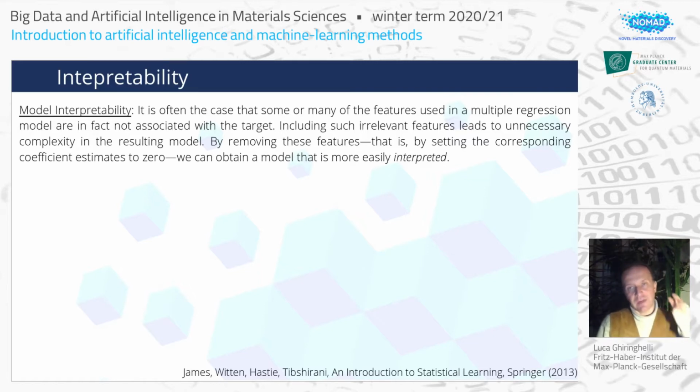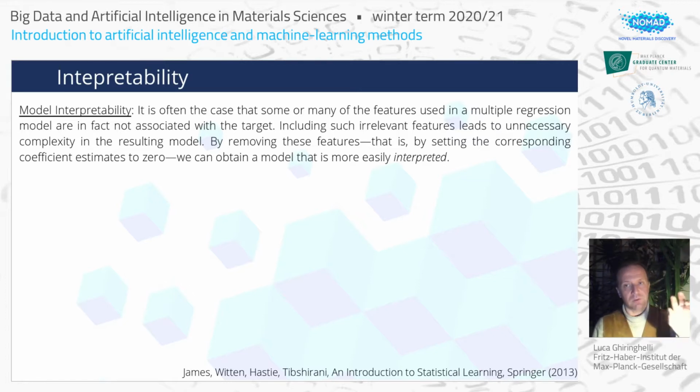You will have half a lecture dedicated to interpretability given by Gilles Frenken towards the end of this course. This will be the perspective of the material scientist, and it will go deep into this, the computer scientist, of course.